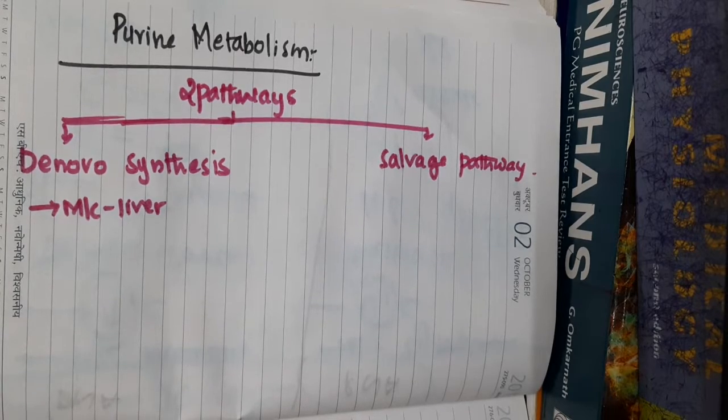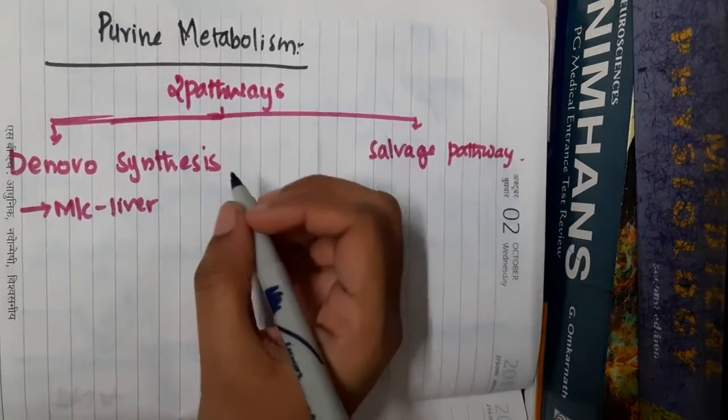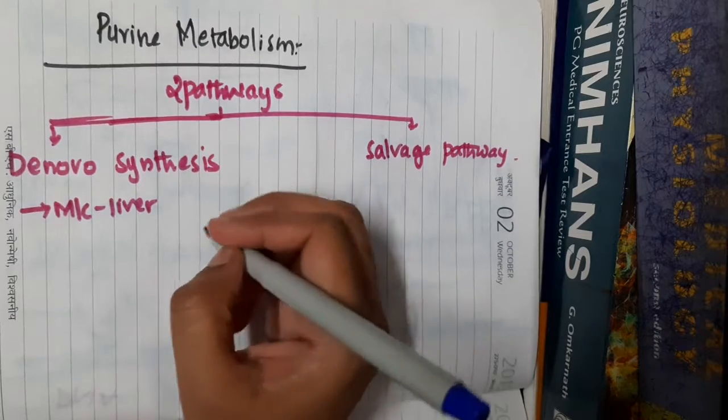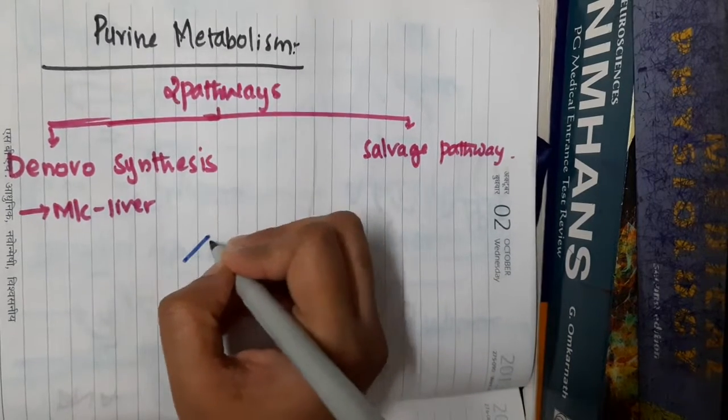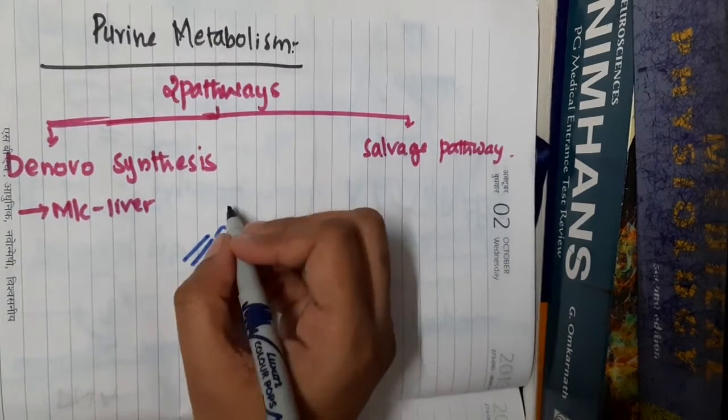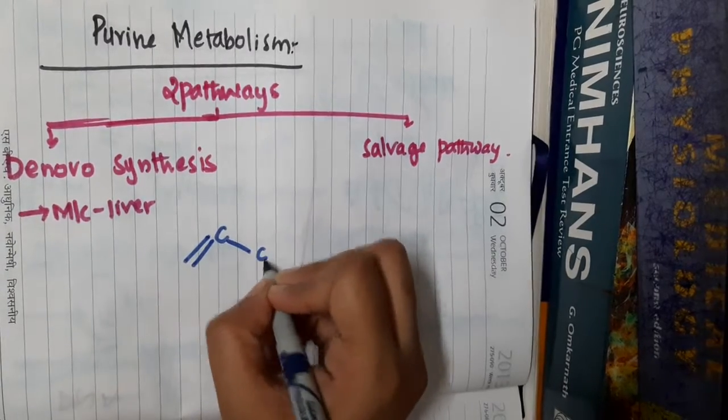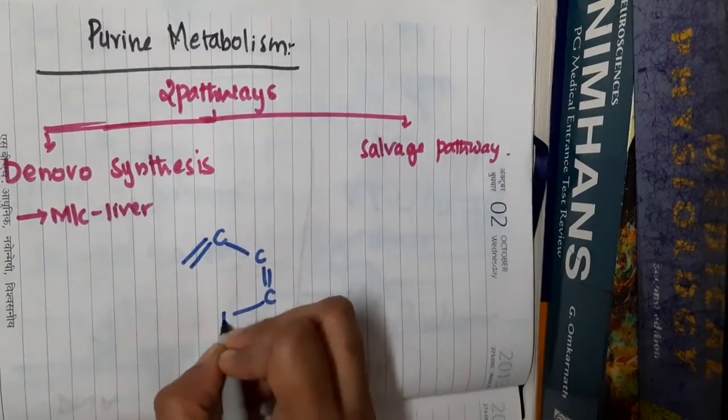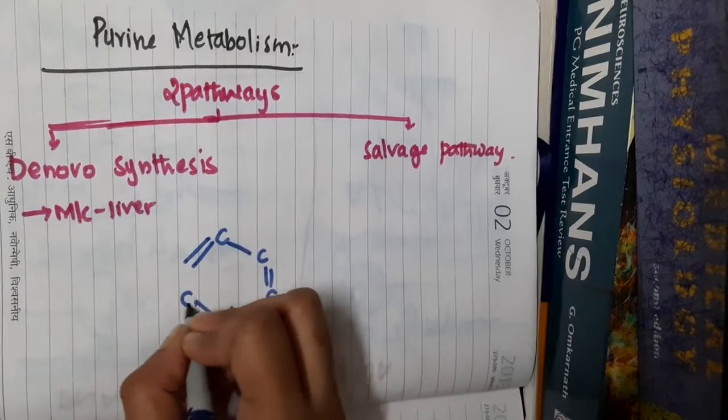Before we go into the de novo synthesis and salvage pathway, first we will see the structure of purine. This is the main structure of purine which I would like to draw.